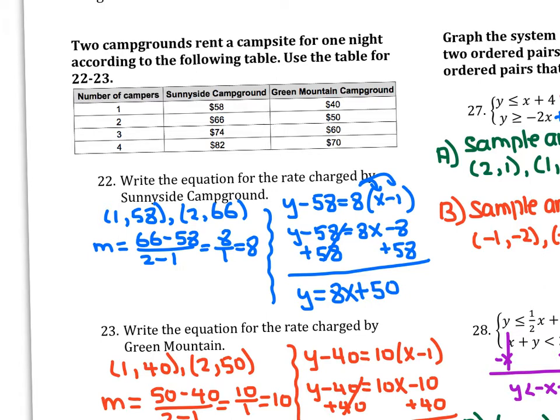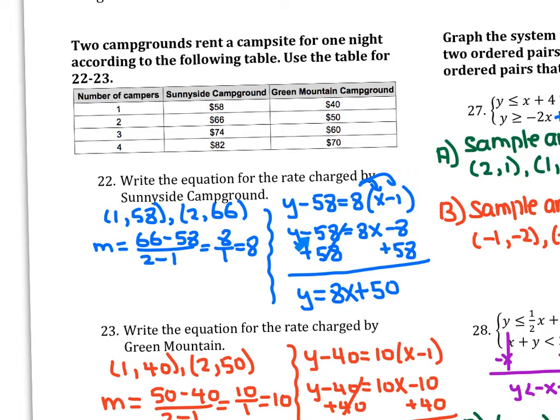That's my slope. My slope goes here in the point slope formula. You use one of these points, either this one or the second one, to fill in the point slope. So y, take away 58 because 58 is the y, and x minus 1 because 1 is the x.